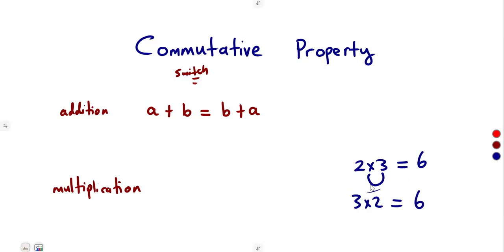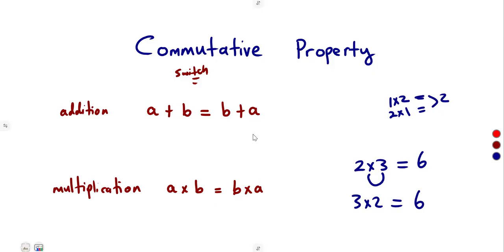So switching these two under multiplication does not affect our answer. 1 times 2, 2 times 1, you are still going to obtain the same answer, which is 2. So given A and B multiplying each other, A times B, if I switch these two, it is not going to affect my answer. B times A is still one and the same.